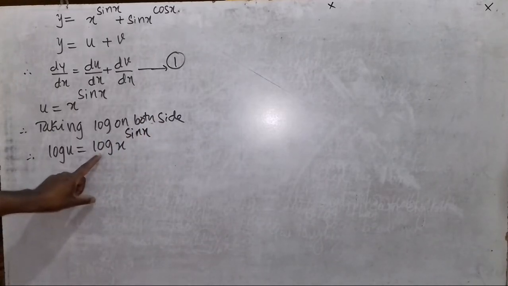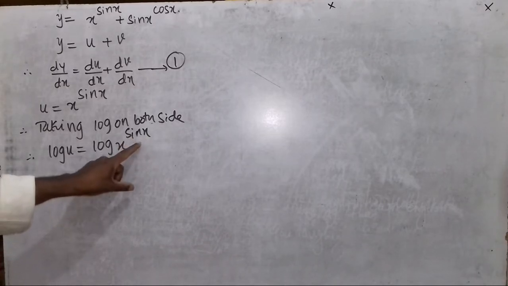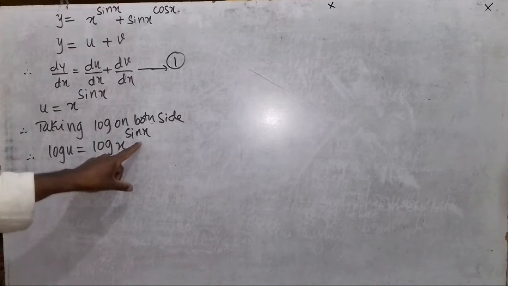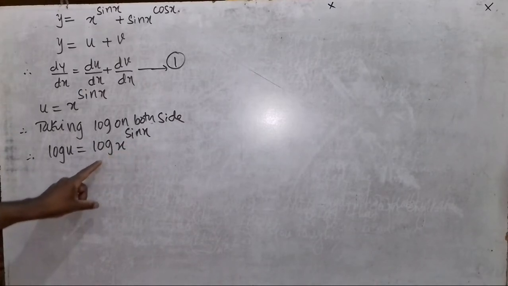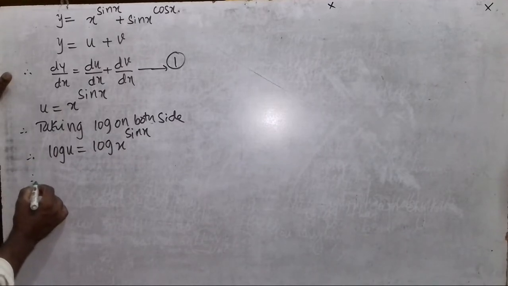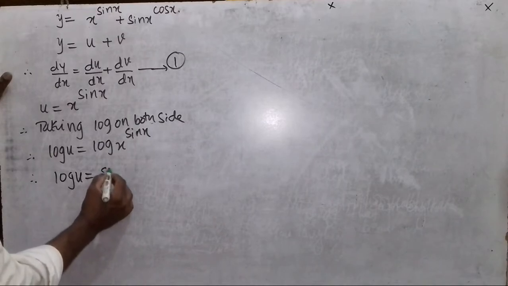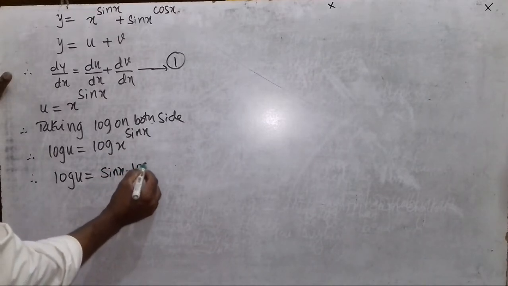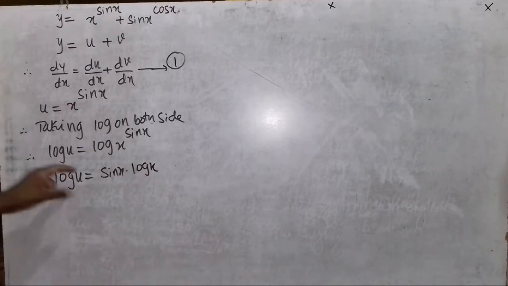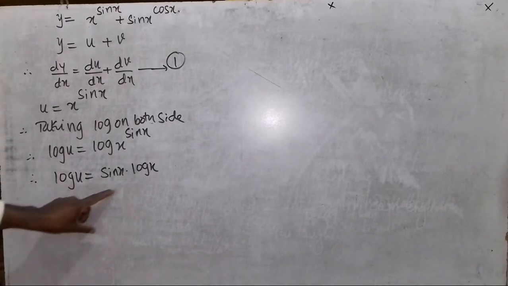So log m raised to n, where m equal to x, n equal to sin x here. Log m raised to n is n log m, so log u equal to sin x into log x. Observe, this is the product of two functions.